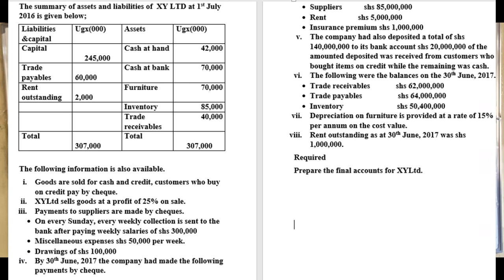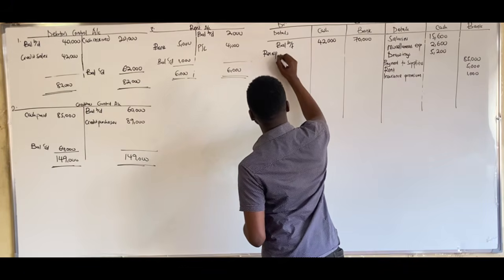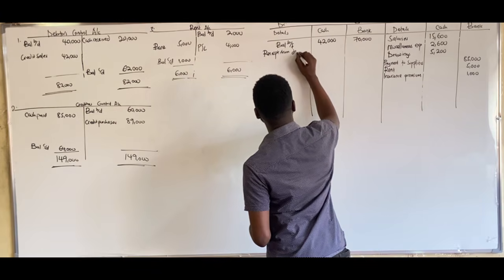Then, if you look through the question again, after this, these are basically the transactions that are supposed to come into our cash book. But remember, they told us that there was an amount of money that was taken to the bank. Now that amount of money, we're supposed to first see that we got some from the debtors. Receipt from debtors.